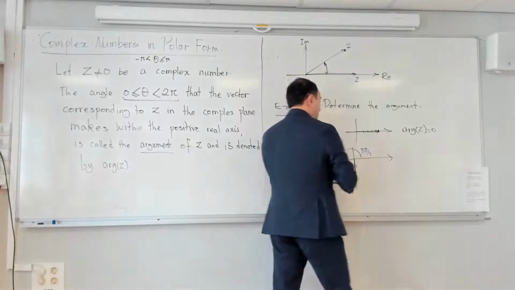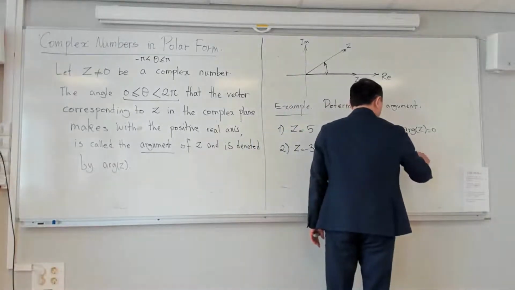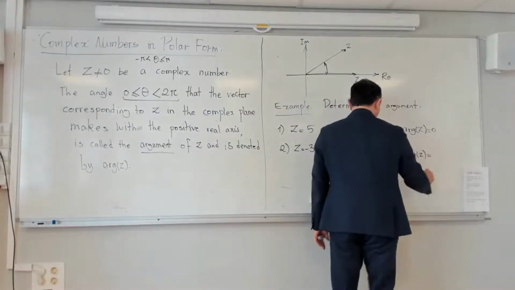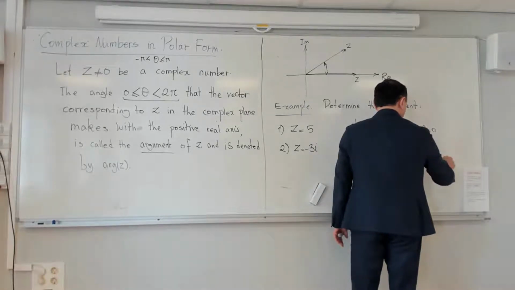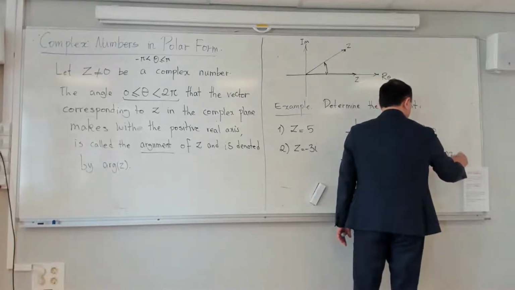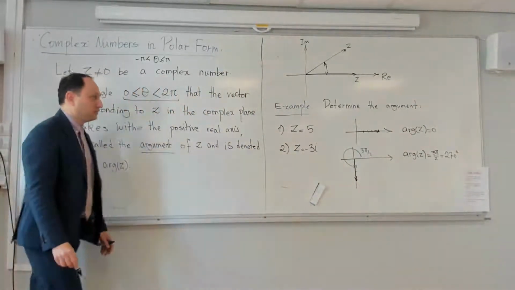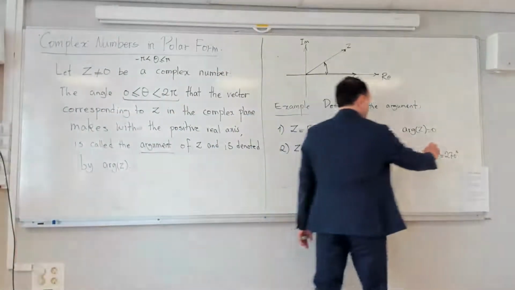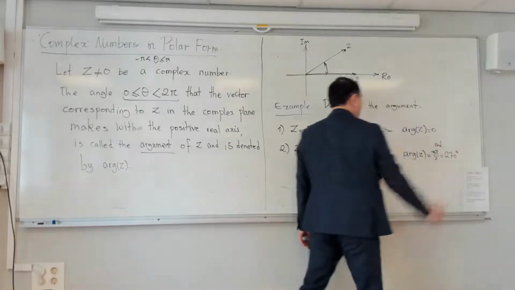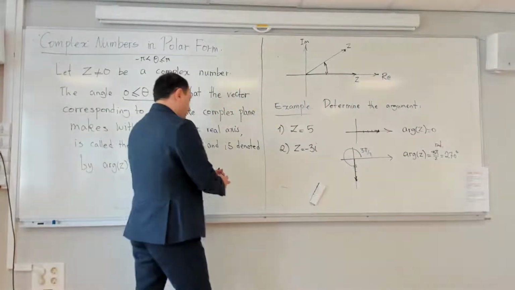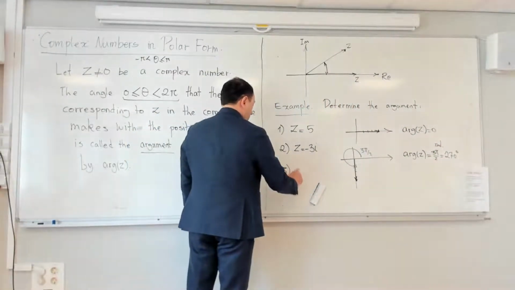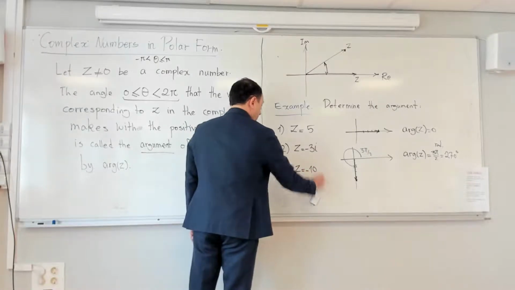So the argument, by the way, at this level, you can choose yourself. If you want, you can write it in radians, or if you want, you can write it in degrees. Both of them are correct. So for example, what do you think about this situation? Z is equal to minus 10.